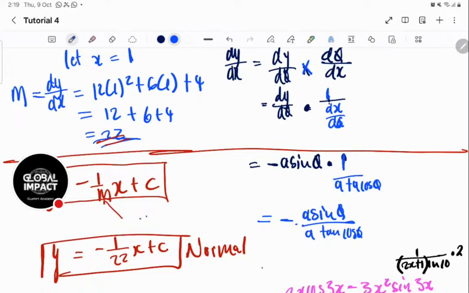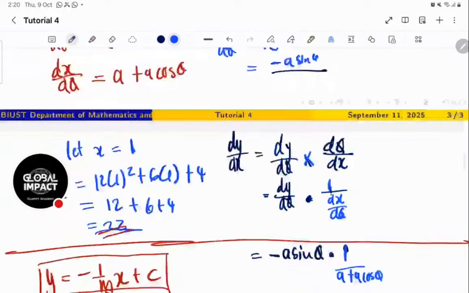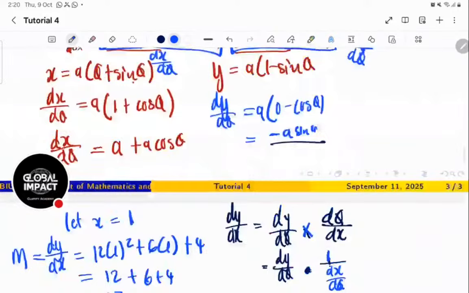Here the a's will cancel and you remain with this. Okay, what is this? A plus a cos θ. Let me just confirm. But here it shouldn't be negative.